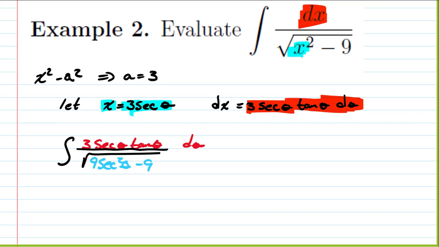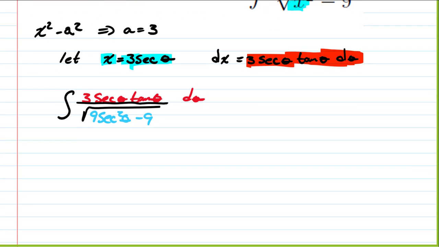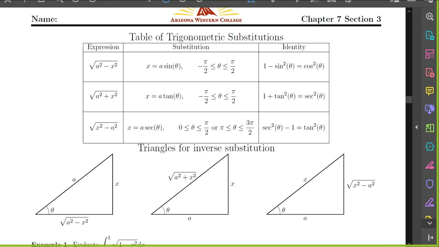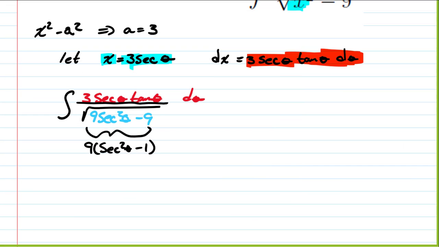Now we need to reduce this. We factor out our common factor of 9, leaving us with secant squared theta take away 1. And if we go back to our chart, secant squared theta minus 1 is equal to tangent squared by our Pythagorean identity. So this is going to be equal to tangent squared theta.